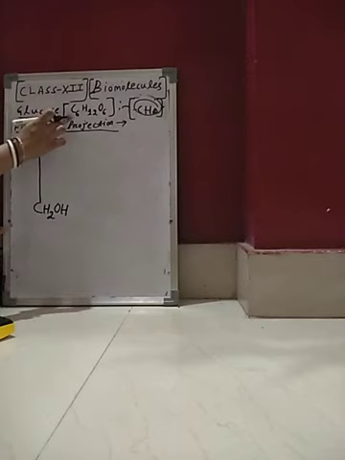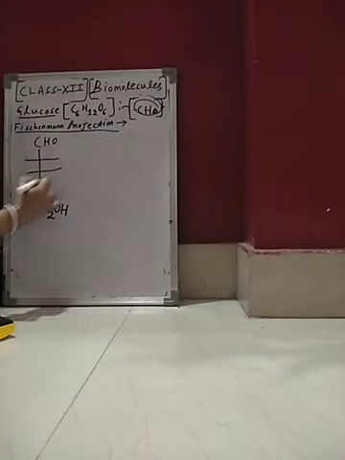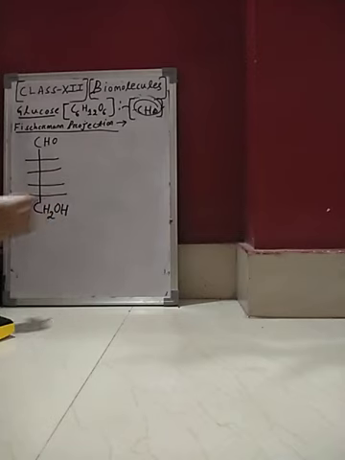As we see in the formula, it contains 6 carbon atoms. One carbon is here, another carbon is here, so the remaining 4 carbons are 1, 2, 3, 4 and 5, 6. So how can we arrange the structure?